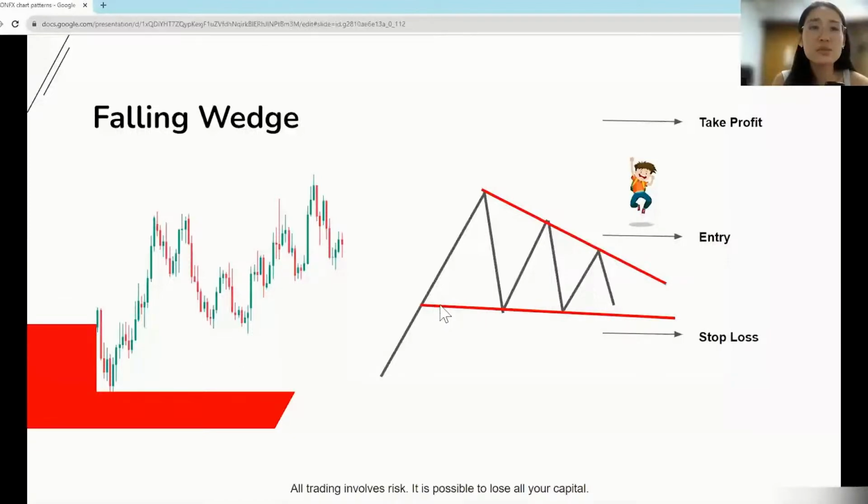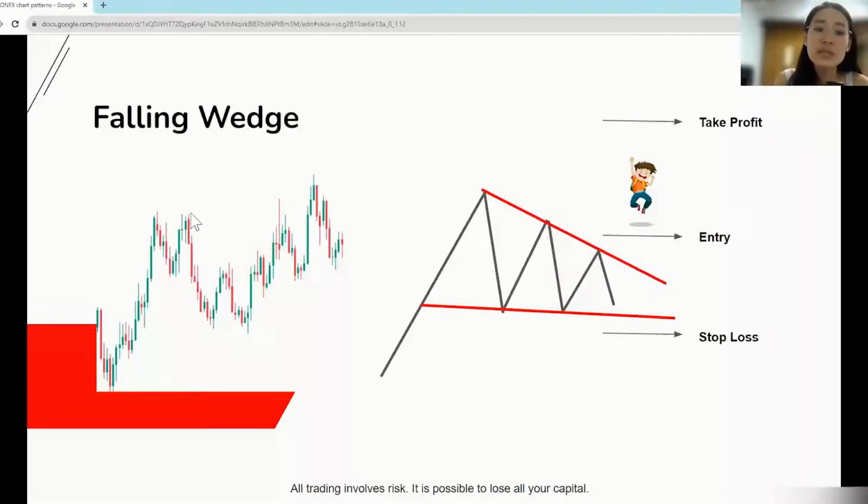Similarly to before, doesn't have to be horizontal, just approximately horizontal is fine. So that would be our stop loss. Okay, once we have this level that we have connected all of the swing highs, that is our entry level. And then our take profit or target level would just be slightly above that.